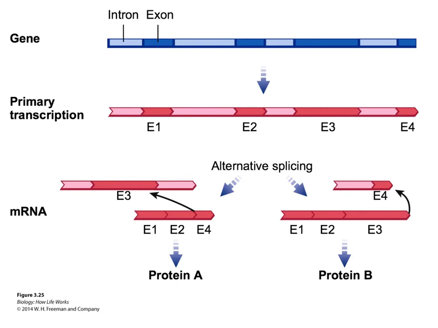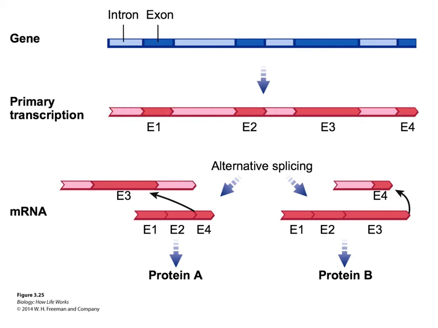Now, the other thing that can occur is alternative splicing. All right. So if we look here, we've got introns in the light blue, exons in the dark blue. Okay. So we have 3 exons, and we've got a little 4th one down here. So in alternative splicing, here's our primary transcript with all 4 exons.